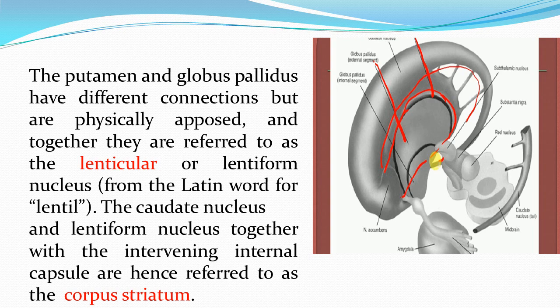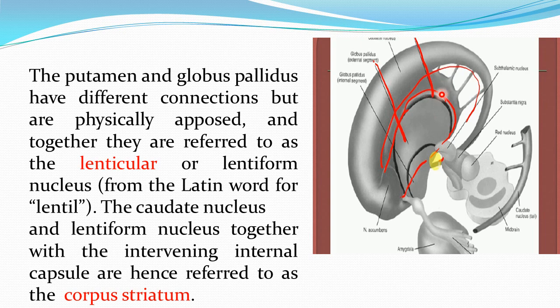The putamen and globus pallidus have different connections. Putamen and globus pallidus both are known as lenticular nucleus. This outer, lateral part is putamen, and this is globus pallidus. Both parts are collectively known as lenticular nucleus, but have different connections.